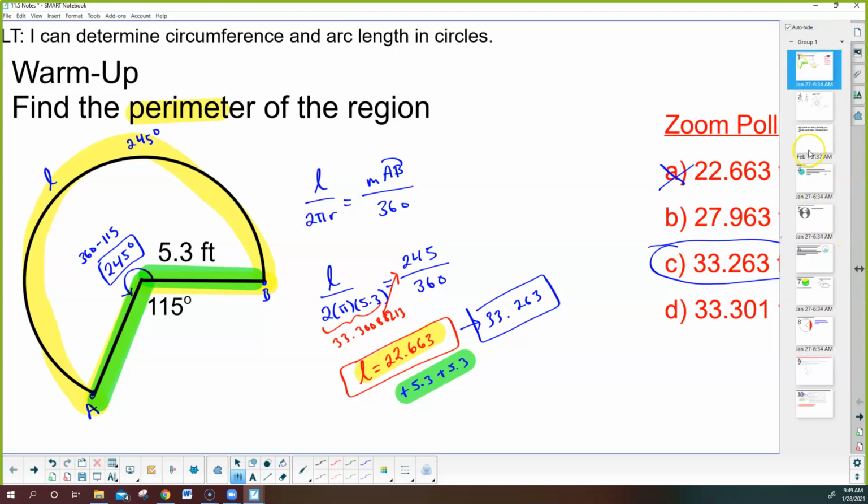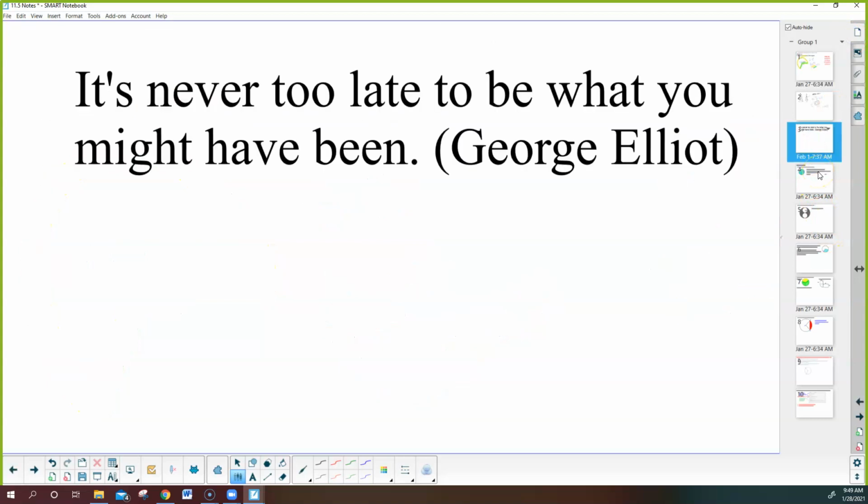All right, so I really like this quote. It's never too late to be what you might have been, meaning it's never too late to start trying. And that's a perfect example for where we're at right now in geometry.